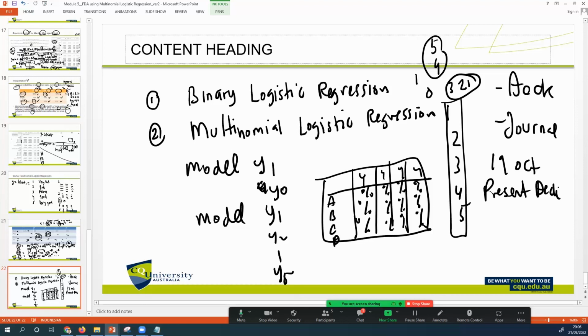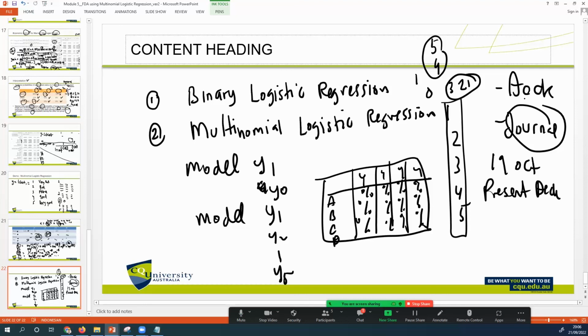What I will mark is the journal. I will mark the journal, not the deck. You present the deck first to me.